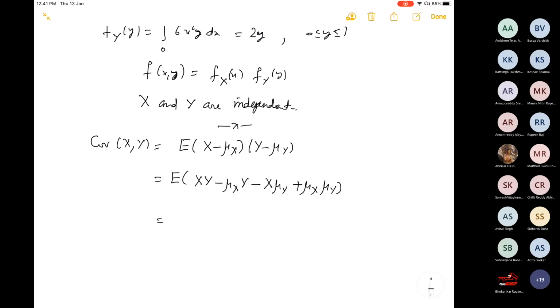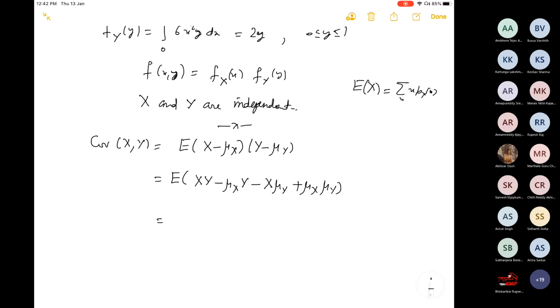Now, because this expectation is over two variables, x and y, previously for the expected value of x, one summation was there, x px.